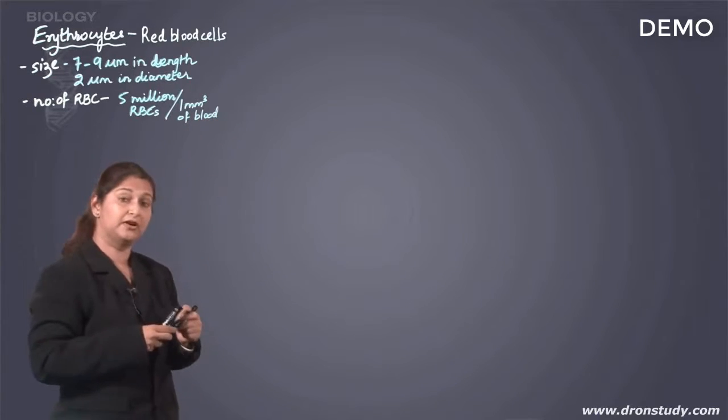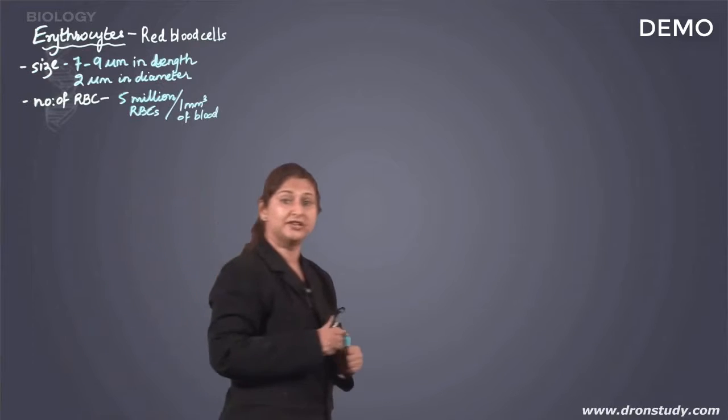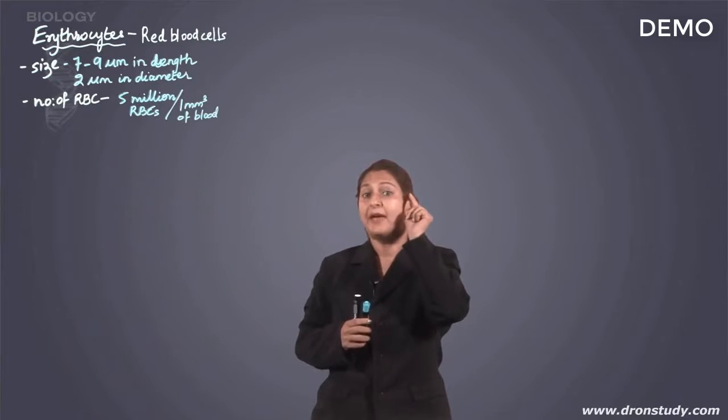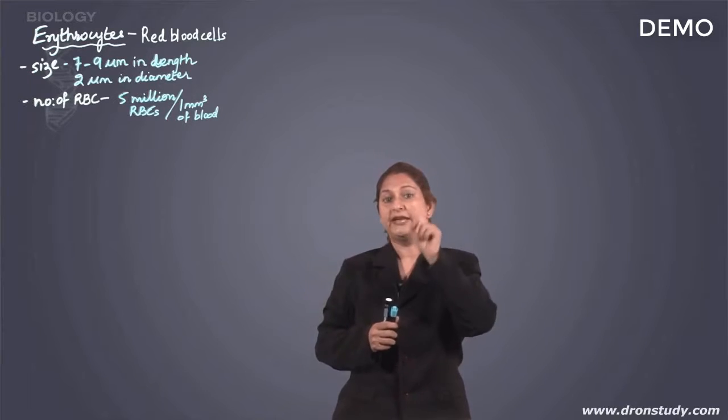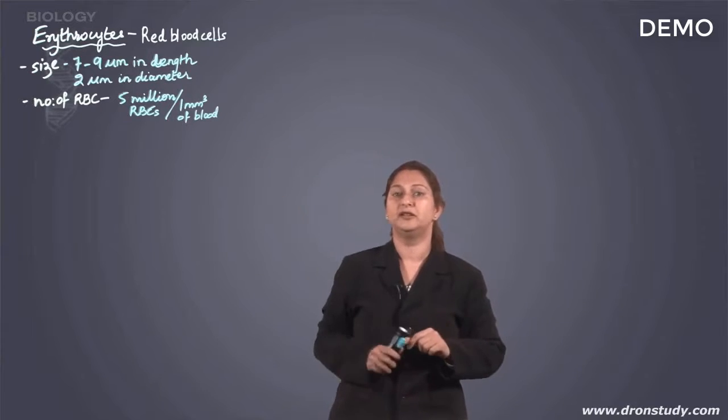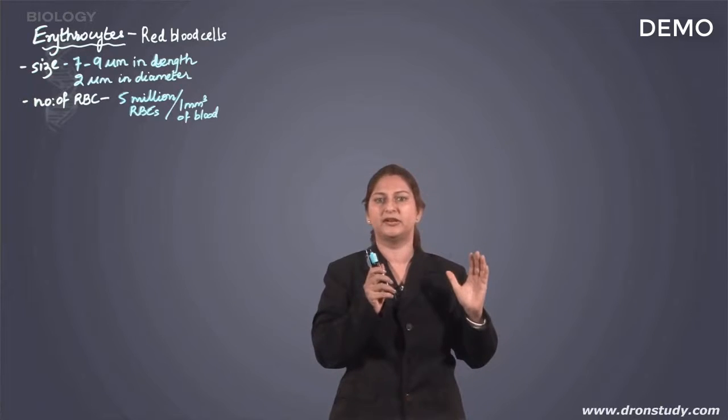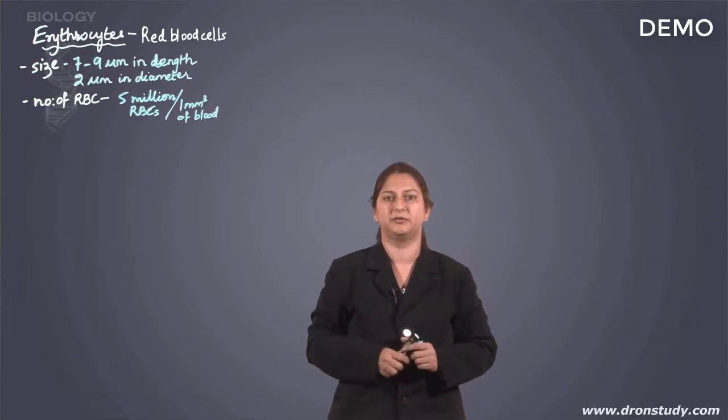That is the number we are looking for. Imagine 1 cubic mm of blood, it's hardly even a drop. In that we have, on an average, 5 million RBCs.